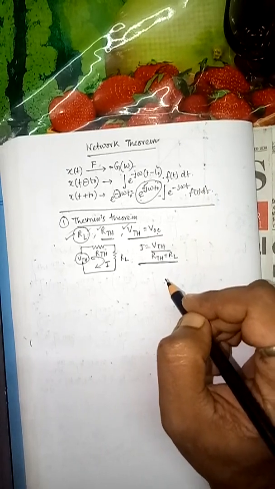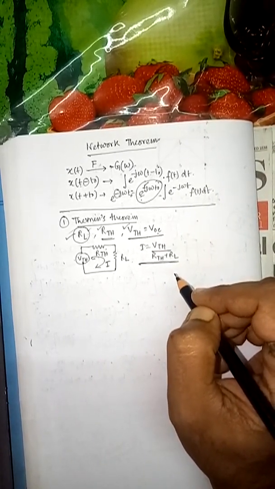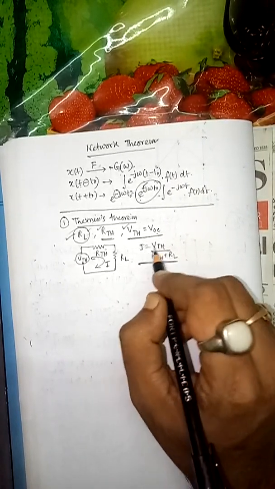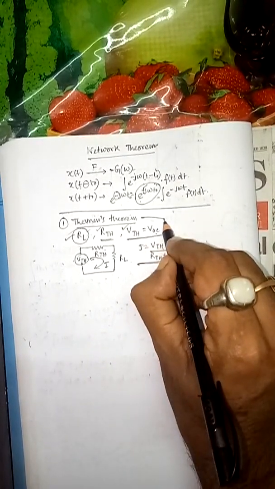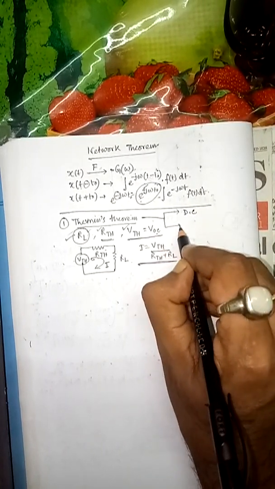How it is used in solving different mathematical problems and other problems will be discussed later on. Thevenin's theorem can be applied to both a DC network and an AC network.